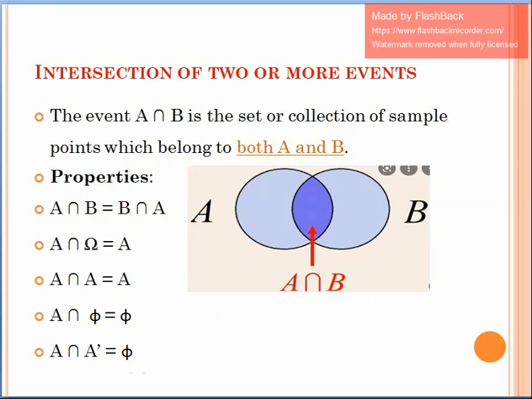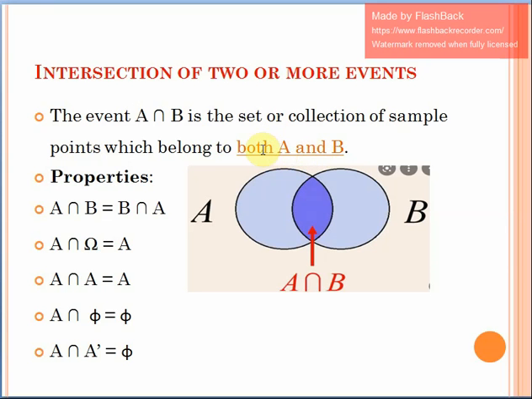So next is intersection of two or more events. See this figure. The event A intersection B is the set or collection of sample points which belong to both A and B. Intersection means multiplication. Multiplication means and means both.